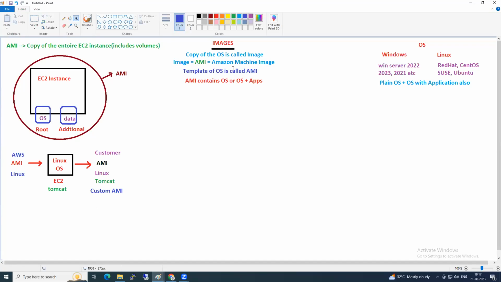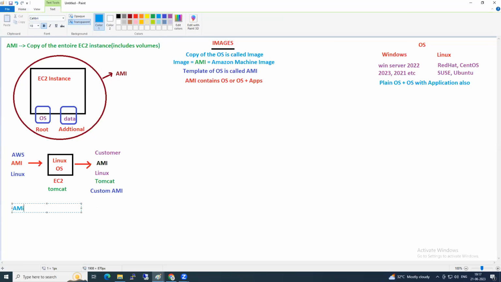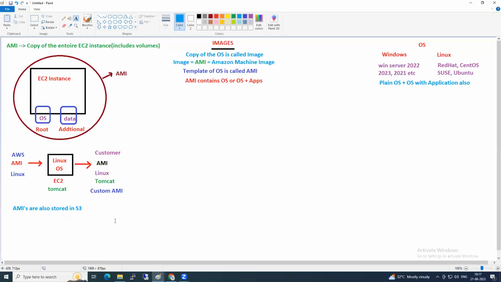Someone is asking, all these AMIs are stored where, sir? All your snapshots are stored in? AMIs are also stored in S3 only. AWS S3.